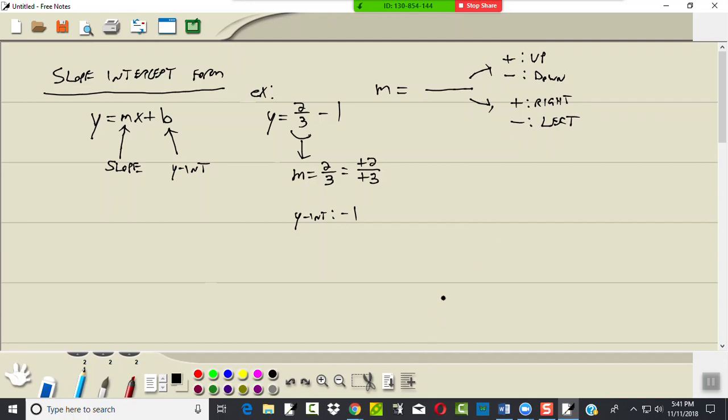What in the world does that mean? Well, here we have a +2, so that's saying up 2. Here we have a +3, which means right 3. So to graph this, we put our point at our y-intercept. So come down here to -1, and we put a point.